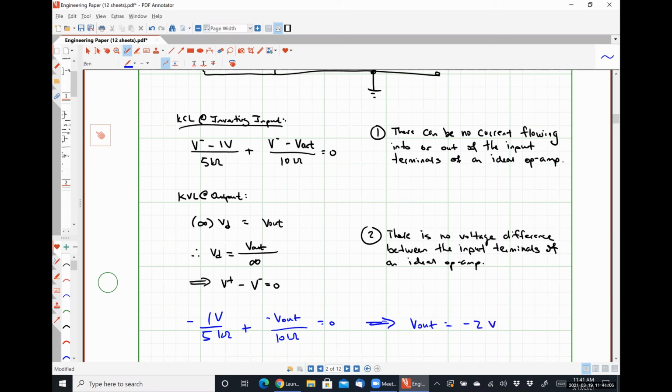So we get almost exactly the same answer as we had before, but with significantly less effort.